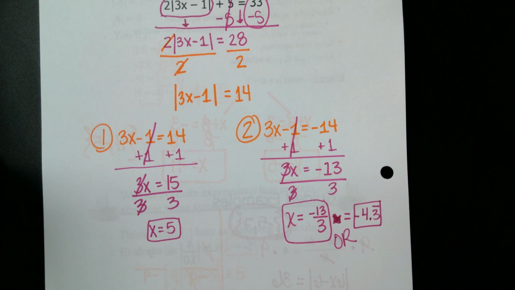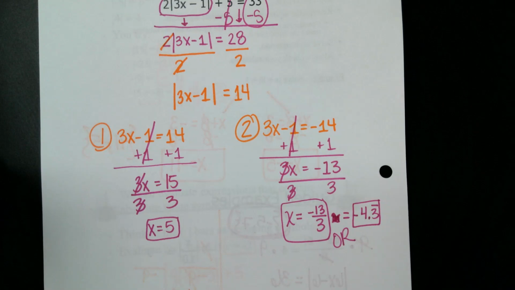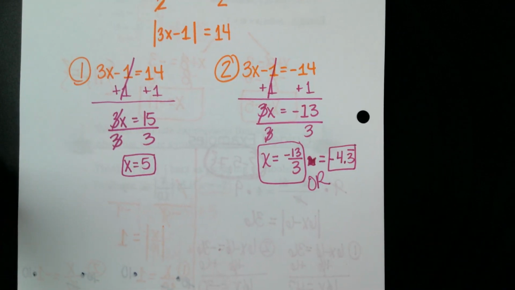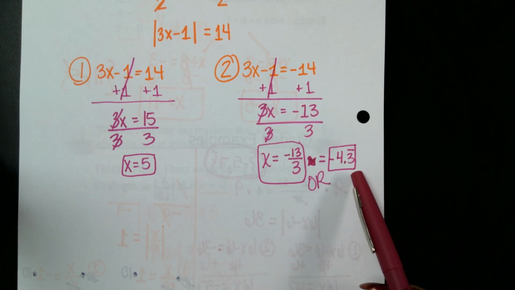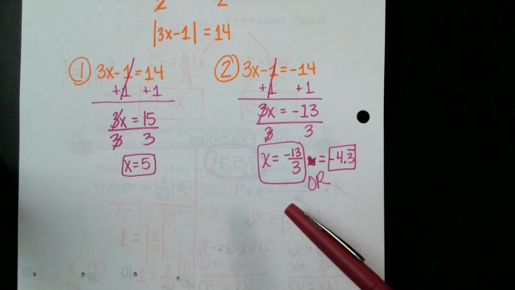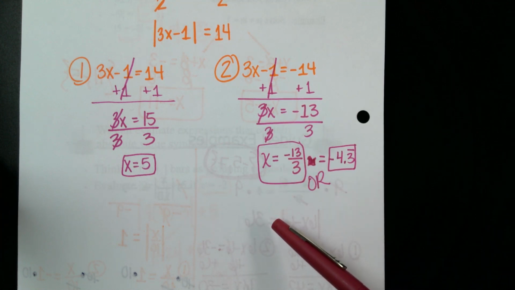Do we have our 2 answers? Cool. Here they are. First one, you should have gotten a positive 5. Second one, I would have left mine as negative 13 over 3, just because I like to leave mine in fraction form.